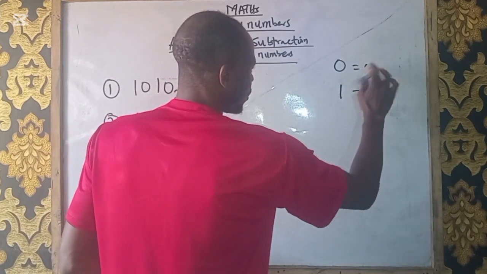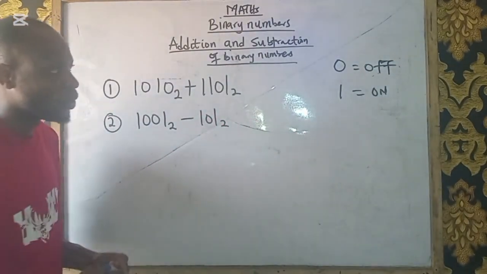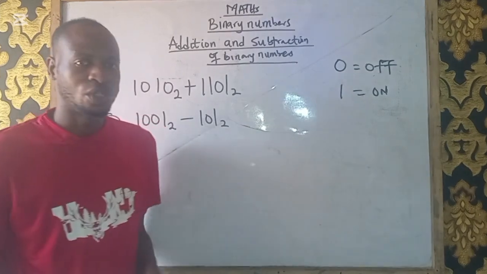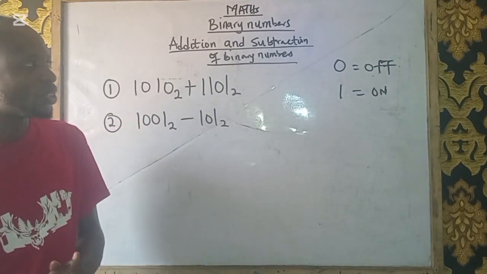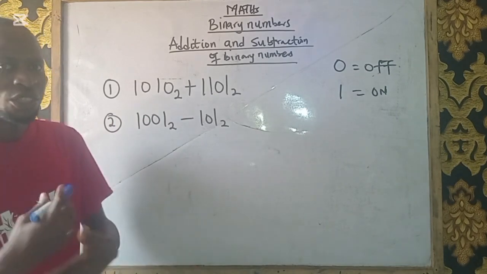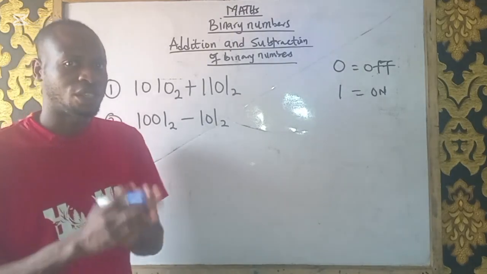Let me write this in capital letters so that you can see it boldly. So zero is off and one is on as a switch in transistors. These are a few places you can use binary data. They store and process the data into binary data, zeros and ones.